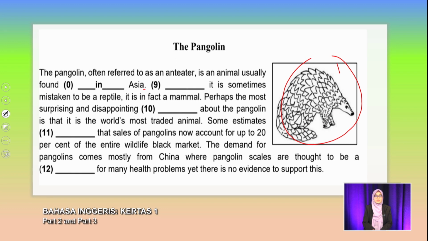Some estimates blank that sales of pangolins now account for up to 20% of the entire wildlife black market. The demand for pangolins comes mostly from China, where pangolin scales are thought to be a blank for many health problems, yet there is no evidence to support this. So we have 4 blanks here.